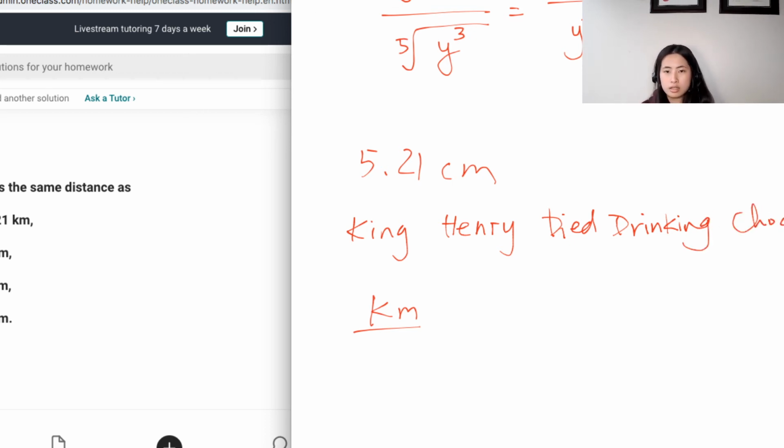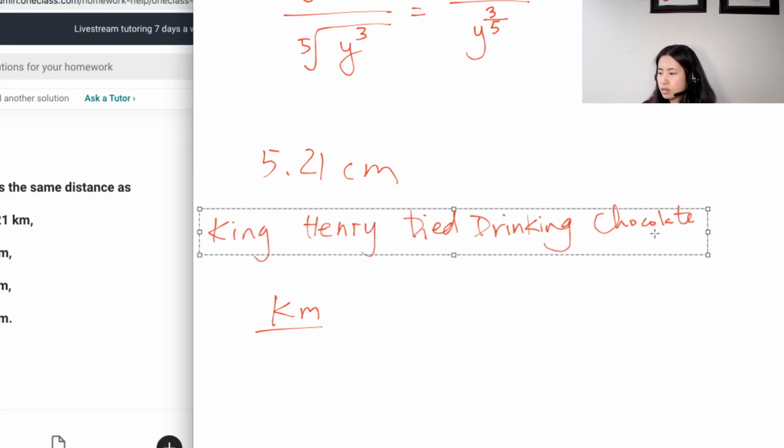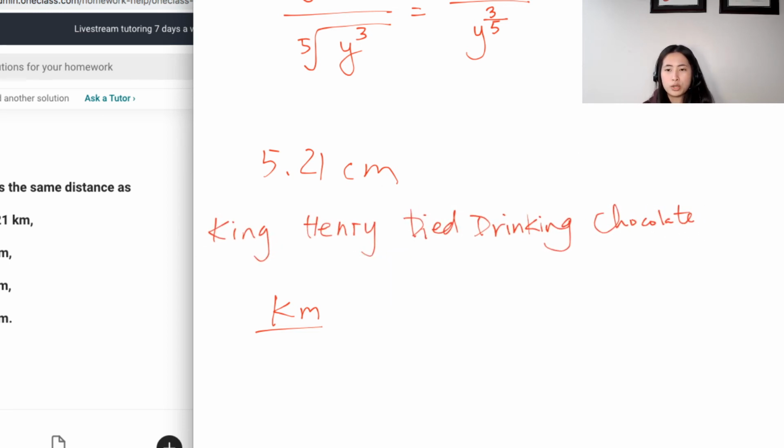Okay, I don't think this is gonna fit, so let's kind of move this. Yeah, so I brought up this mnemonic for you to easily remember how you're supposed to move your decimal point, or what you're supposed to do. Is it multiplication or division in terms of this mnemonic, right?